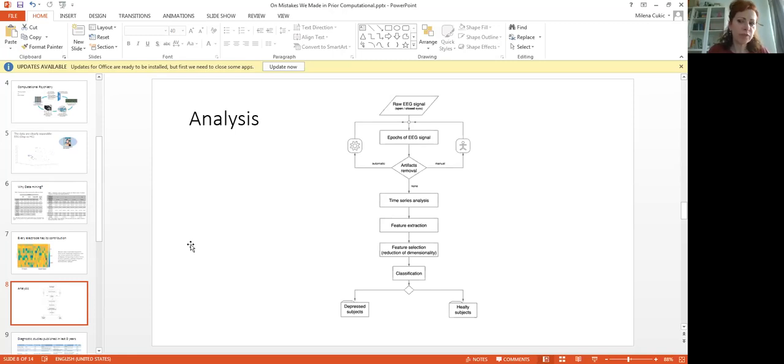We believe that unprocessed data are the most information rich. How artifacts are removed. For example, we opted to use epochs from the parts of the signal with minimum artifacts or without artifacts. Then time series analysis, feature extraction, feature selection, validation, and finally we compared accuracies of the final classification.